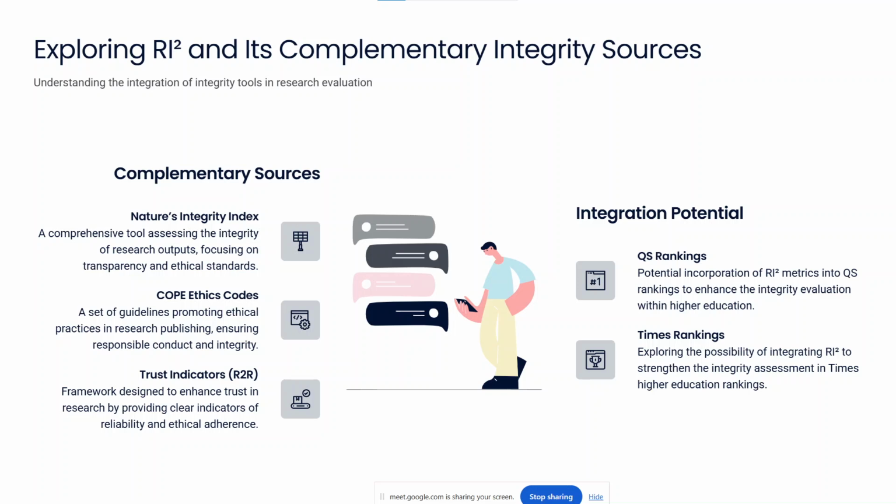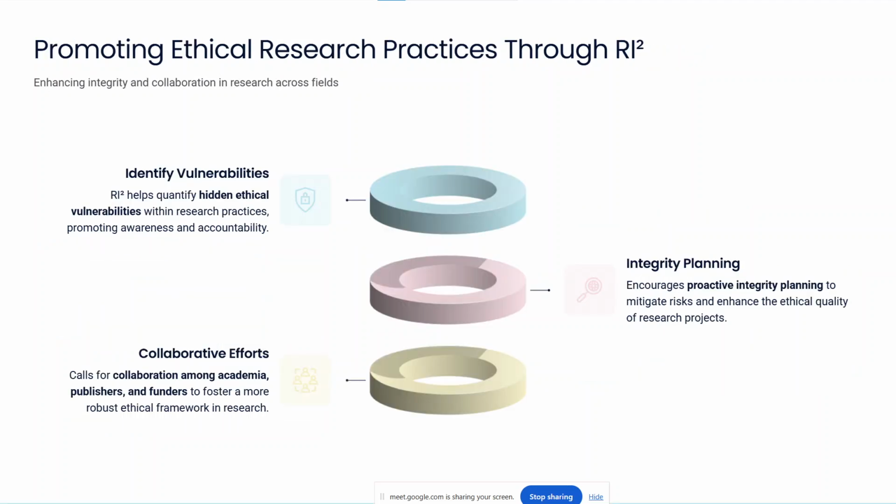Then we have R2R trust indicators. Then we have QS rankings and Times rankings. So you can just note the sources: Nature Integrity Index, COPE Ethics, trust indicators, QS rankings, and Times rankings. You can use these websites to identify the sources.